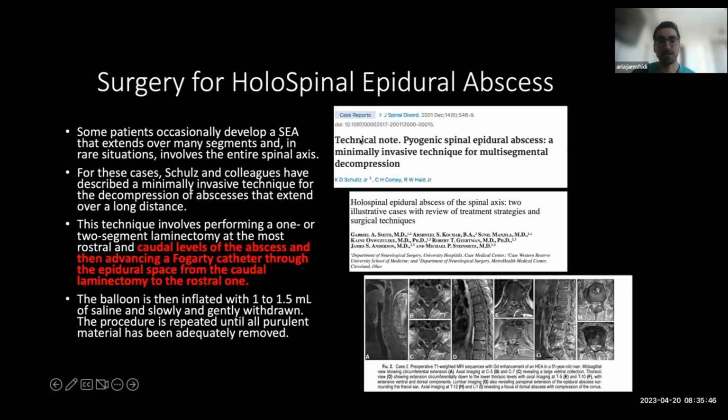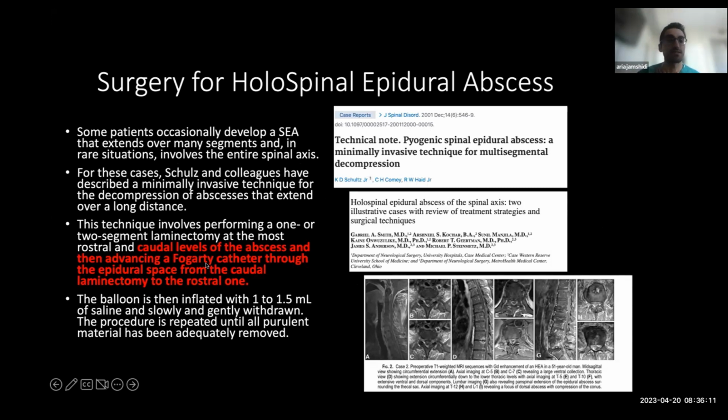One of the last few things I want to talk about is surgery for holospinal epidural abscesses. These are quite rare. So these are epidural abscesses that go from the cervical down to the lumbar spine, whole spinal abscess. And if you do ever come across this, I found a few technical notes that I thought were interesting. This was actually published by Reg Hayes Group back in 2001.